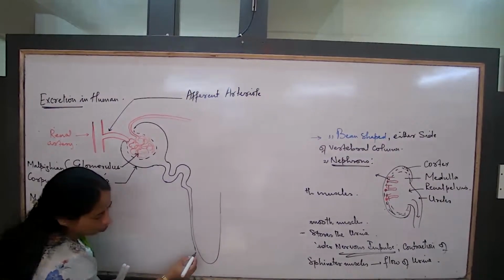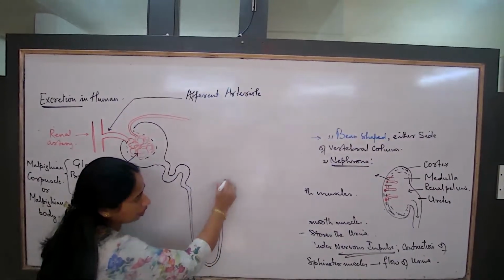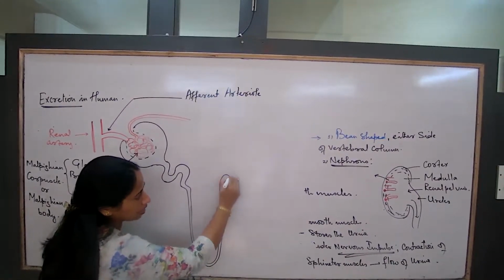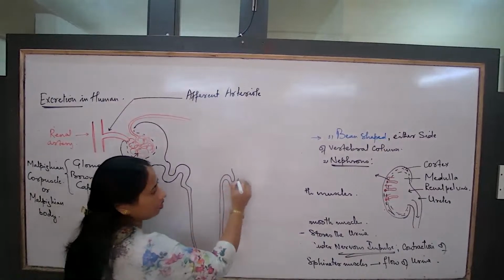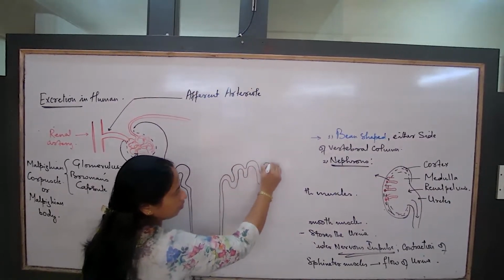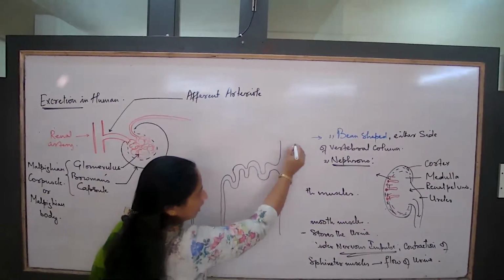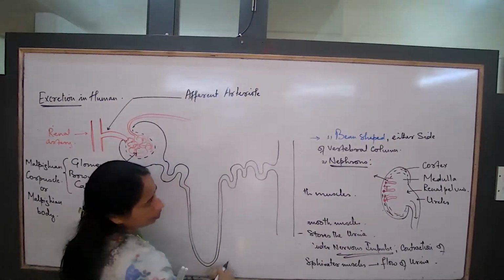We are going to label all these parts. So first of all, the extremely long tube known as the Henle's loop, and then this is followed by the distal region of the tubule, and followed by the collecting duct this way.